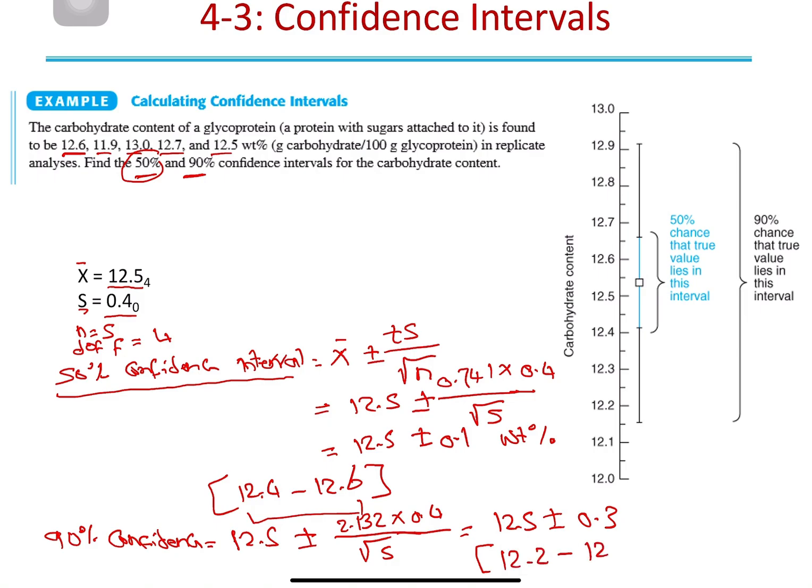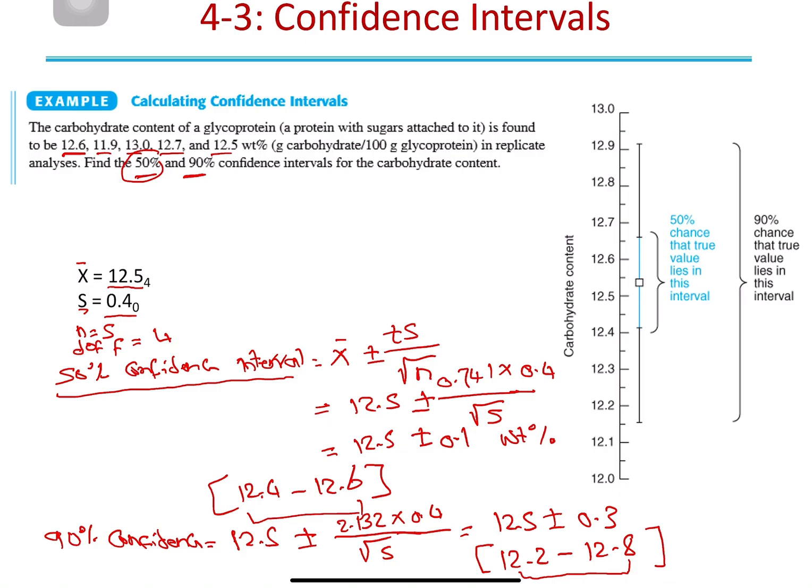up to 12.8. That means that I am 90% confident, or there is a 90% chance that the true value or the true mean will be within this range, 12.2 and 12.8. That means there is still a 10% chance that the true value will be outside this range, but I am 90% confident now that it's within this range.